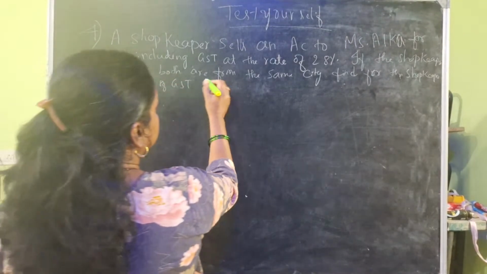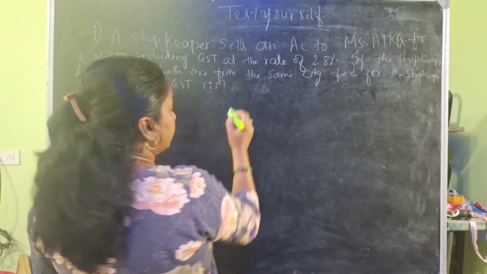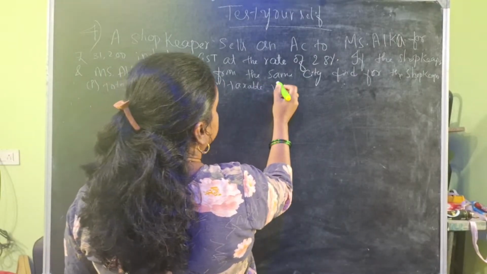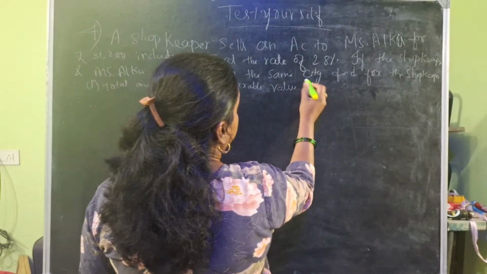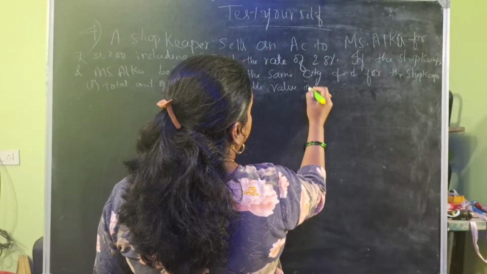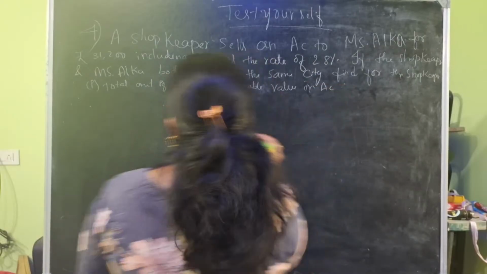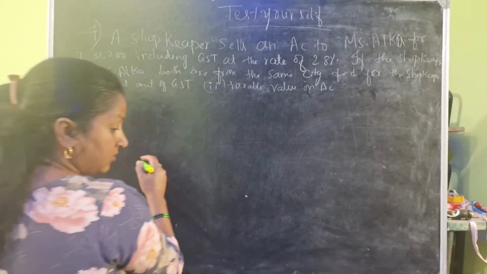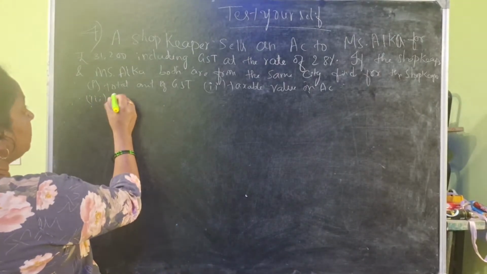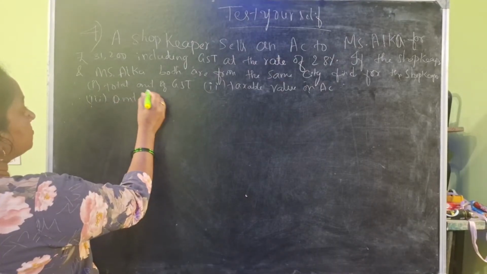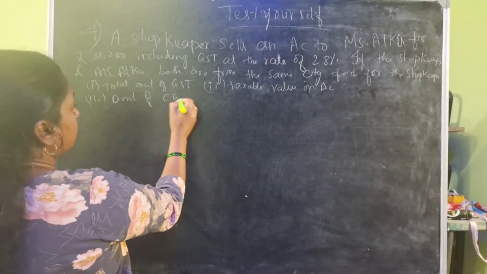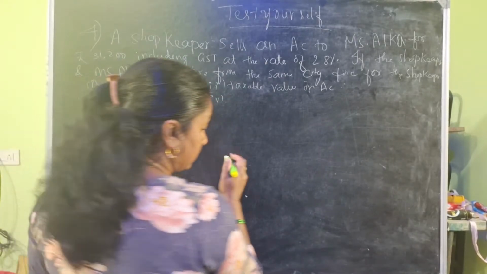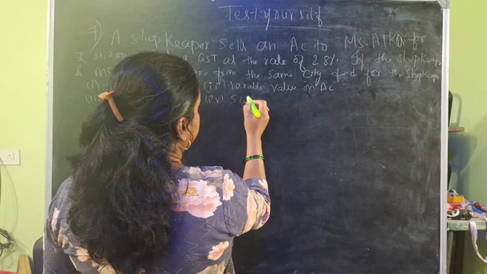The second question is the taxable value on AC. The third question is the amount of CGST. And the fourth option is SGST.